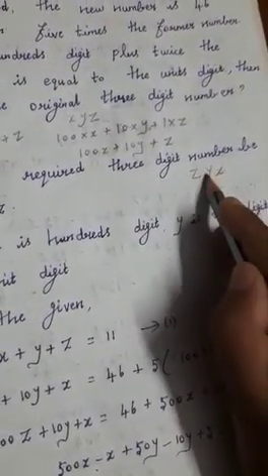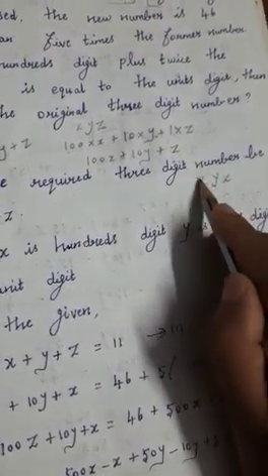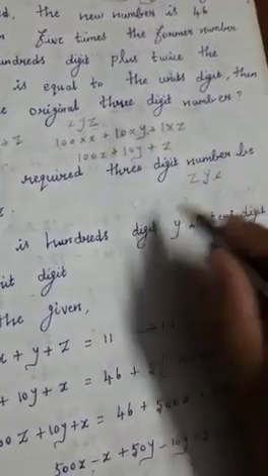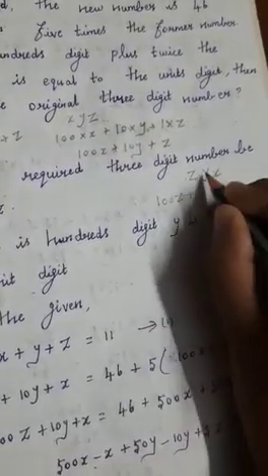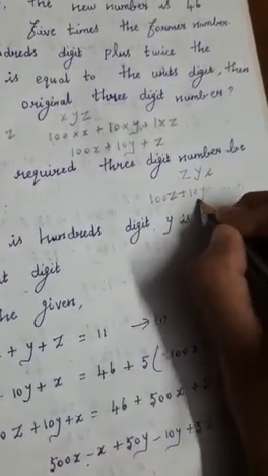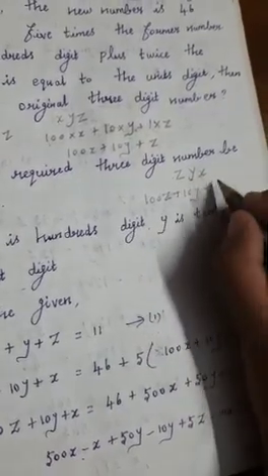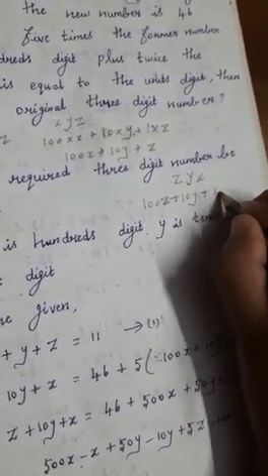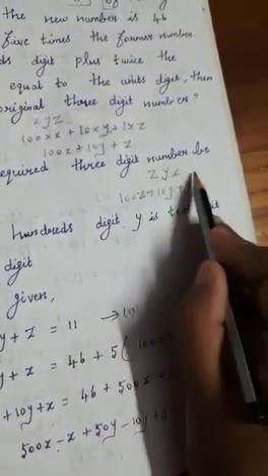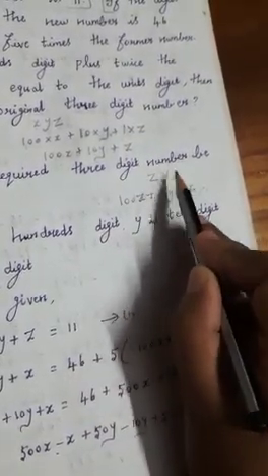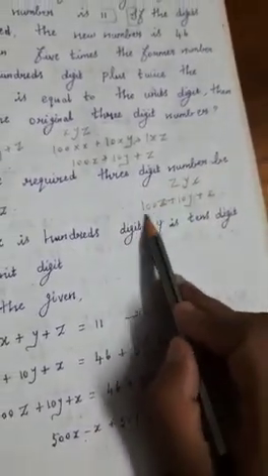This is the ones place, this is the tens place, this is the hundreds place, but the digits we have written reversely. So what will it form? 100 into z plus the tens place, that is 10y, plus the x in the ones place, that is 1 into x. Only the digits are reversed, but the places do not change. So this is the reversed number.